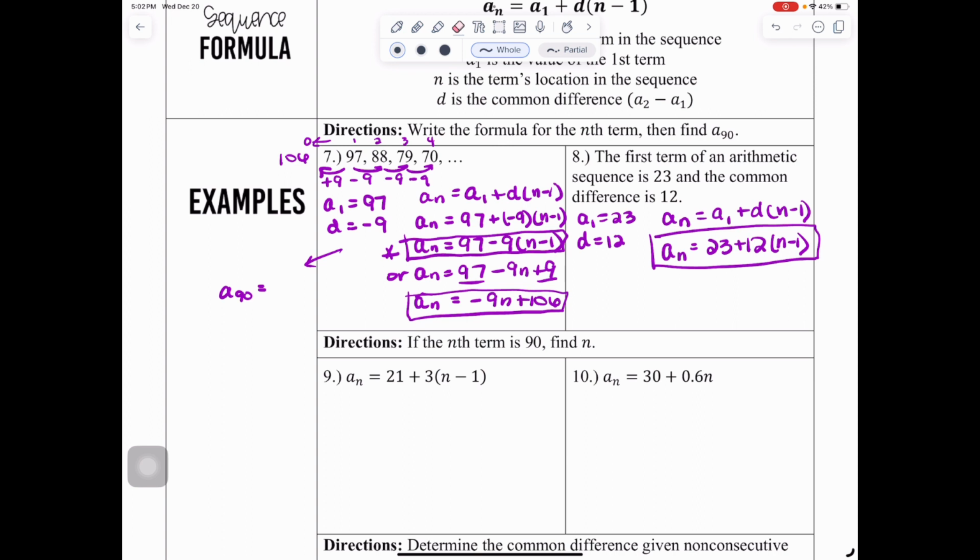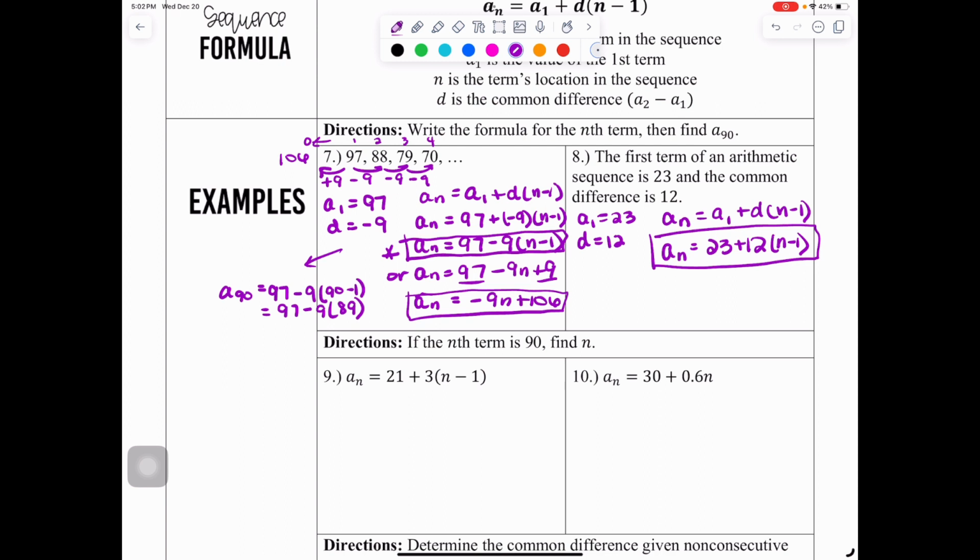So I'll have 97 minus 9 times 90 minus 1. So that would be 97 minus 9 times 90 take away 1 would be 89.